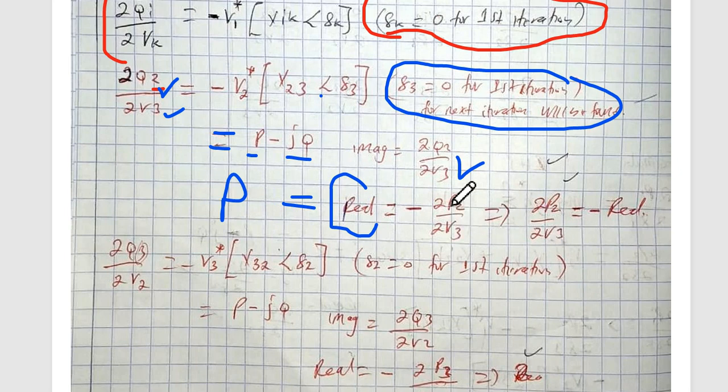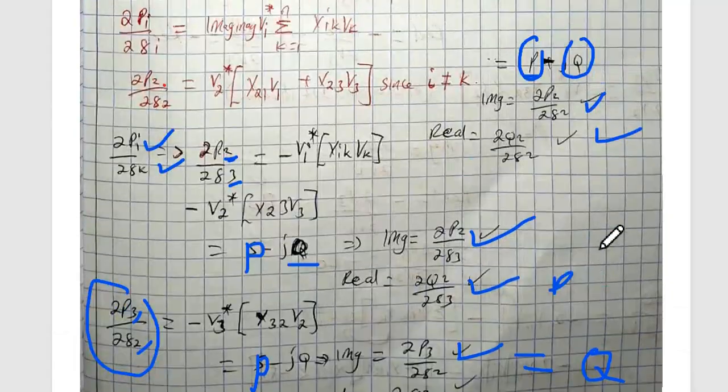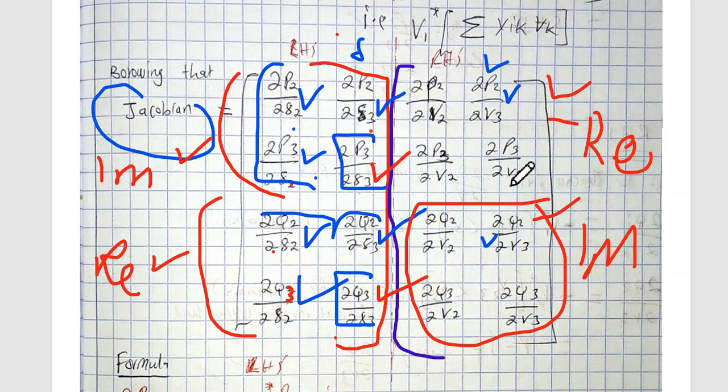So that means partial p2 partial v3 is negative real. So on the right hand side, when you are doing these ones, it will be negative of the real for all of them. Negative real, and imaginary just the way it is. So you have already found two, this one and this one.